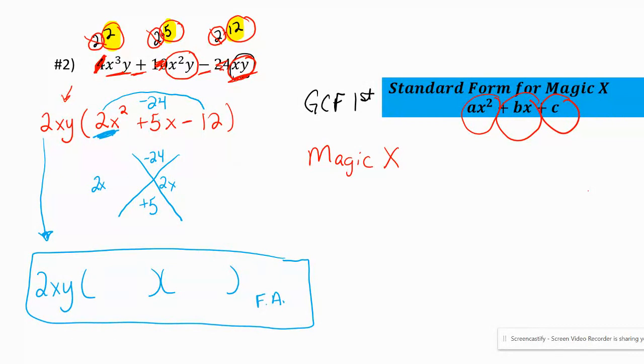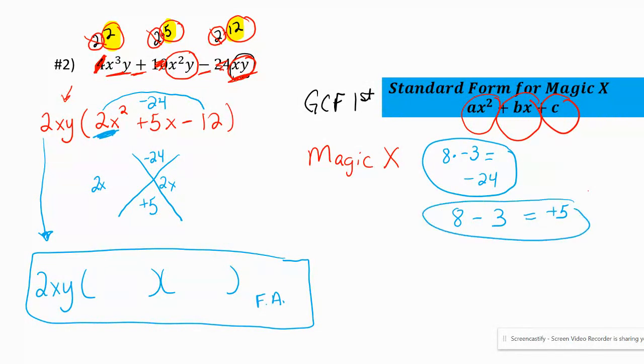So what multiplies to 24 and gives us 5? We need a negative 24. We need an 8 and a 3, and it has to add up to a positive 5, so I need 8 minus 3. So an 8 times a negative 3 equals a negative 24, and then 8 minus 3 is equal to 5, so I need a positive 8 and a negative 3.